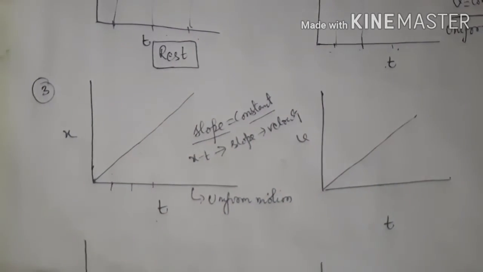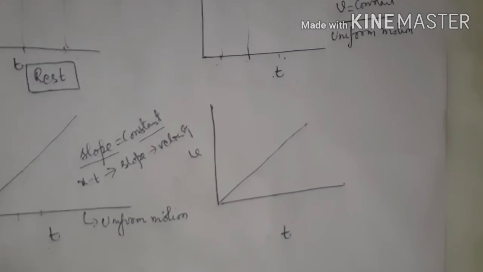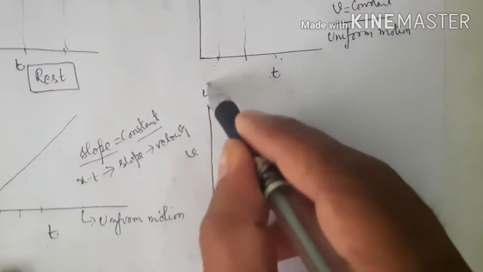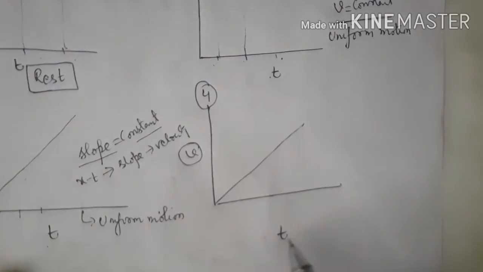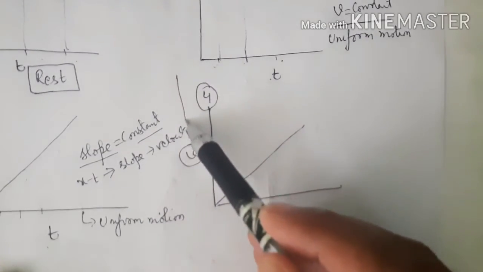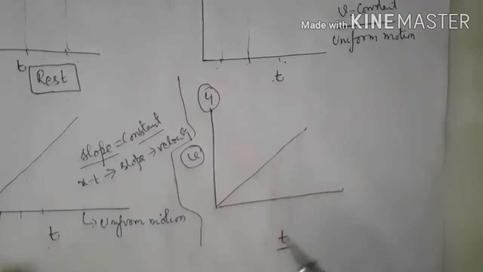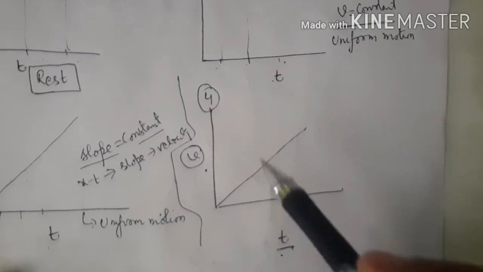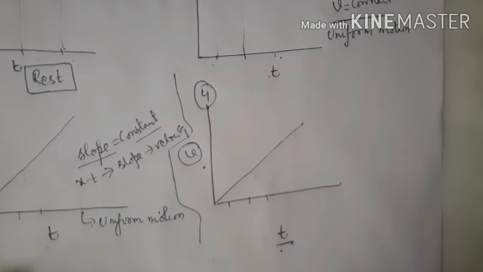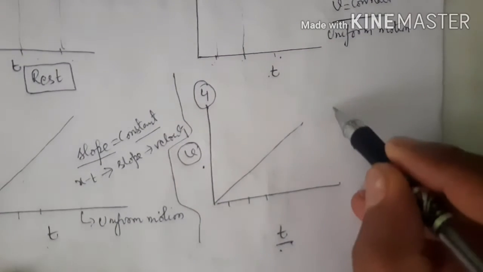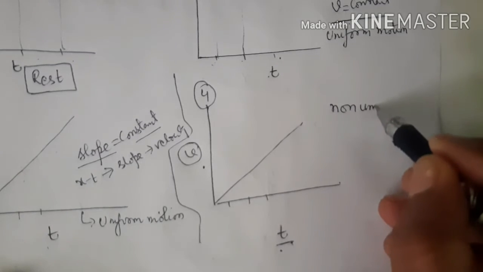So this is again a uniform motion. Now let us discuss the fourth graph. This is also a graph between velocity and time. In this velocity-time graph, you can see that at different times the velocity keeps on changing. If velocity keeps on changing, then it is a non-uniform motion.